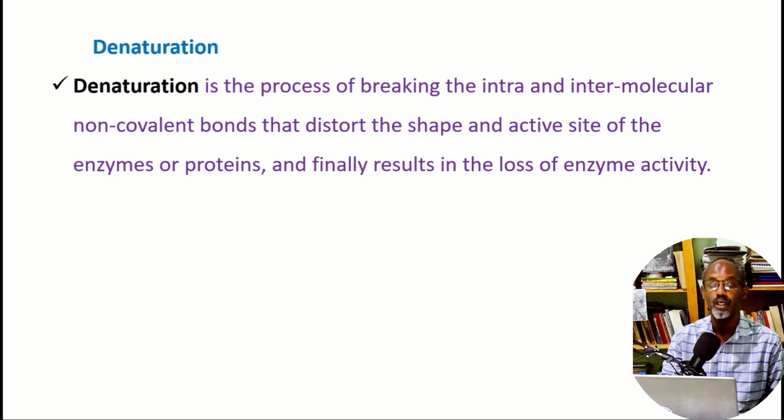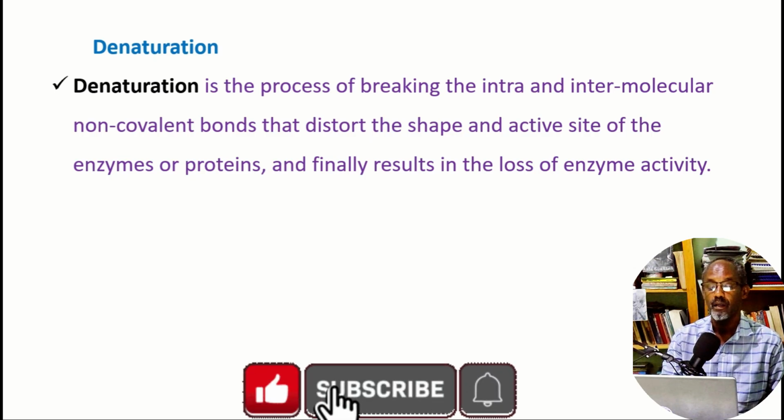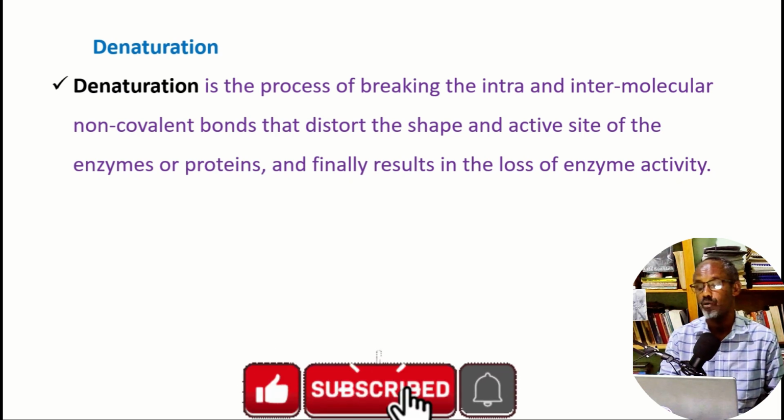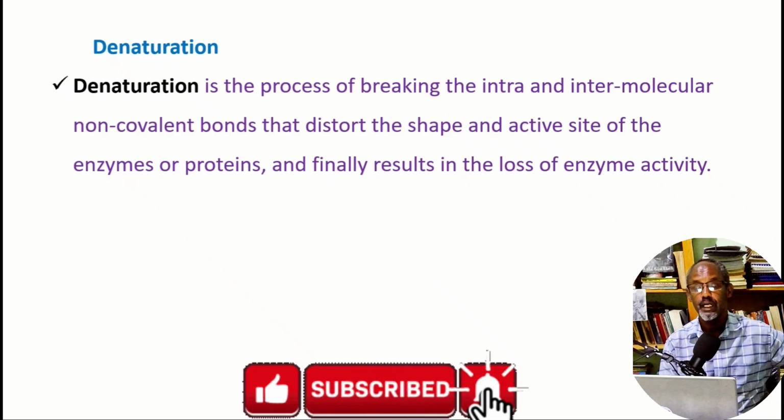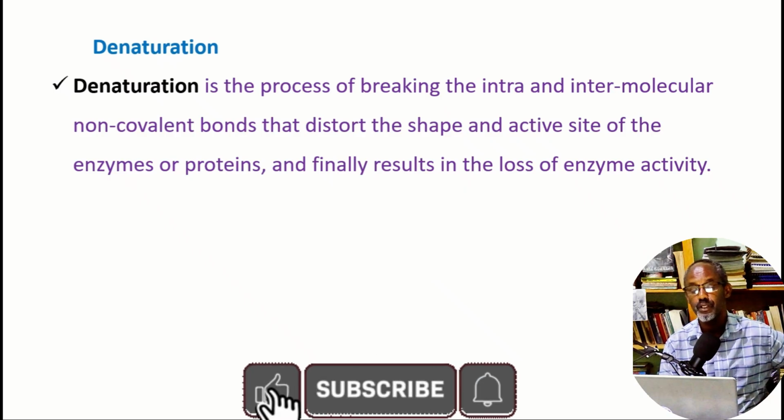Intramolecular, that means inside the molecule. Intermolecular, just between molecules. Non-covalent bonds that distort the shape and active site. This is when non-covalent bonds that make up the three-dimensional shape of that globular protein are destroyed, usually irreversibly, so that the protein or the enzyme loses its three-dimensional shape, and also it loses its function.